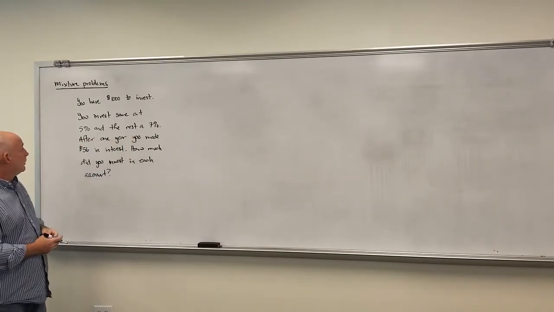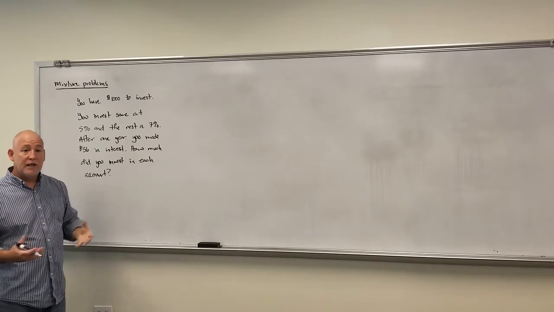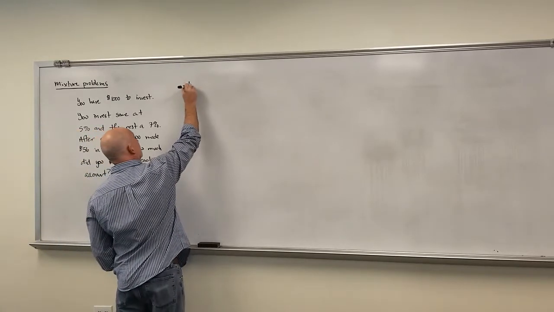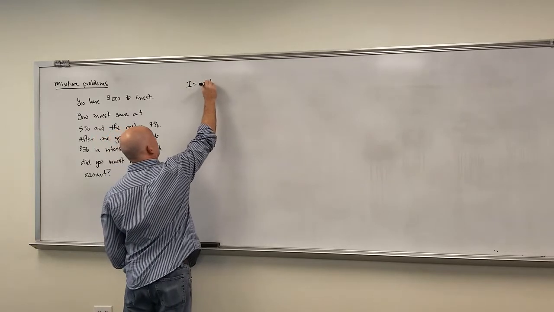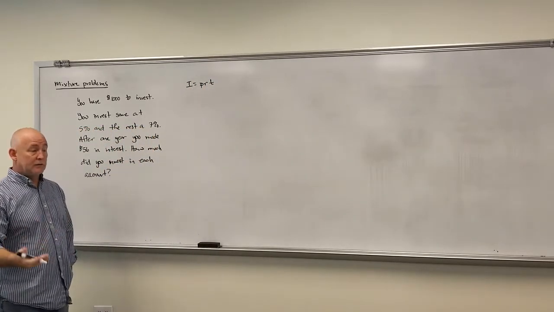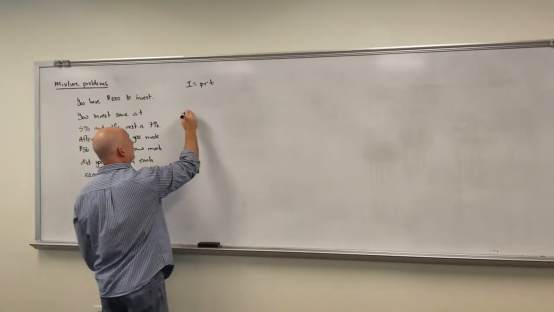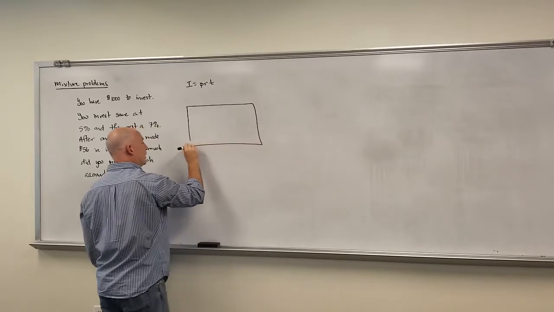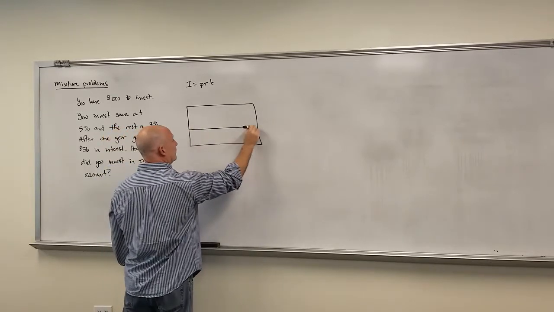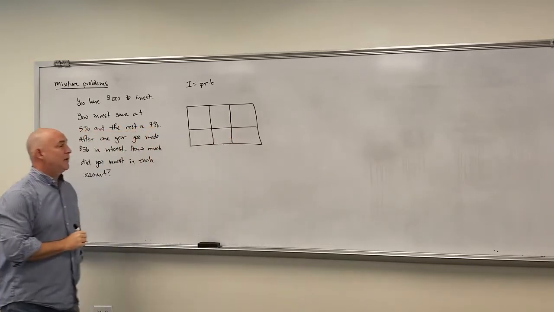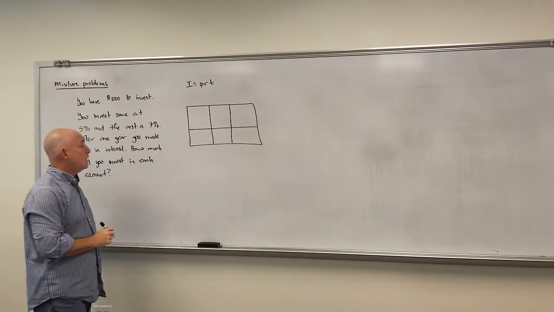All right, so notice we're mixing two different accounts together, so it fits as a mixture problem. Now this one's slightly different because we're actually using a formula that we've used in the past. We know interest is equal to principal times rate times time, if it is simple interest, which this is, even though we didn't come right out and say it. So we are going to make ourselves a box. Now, a little bit tricky. I'm drawing the exact same box I did last time.